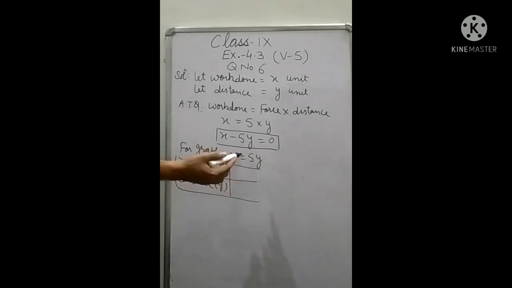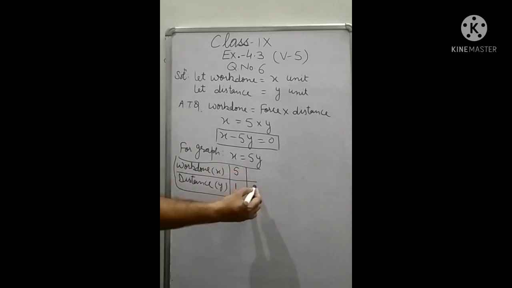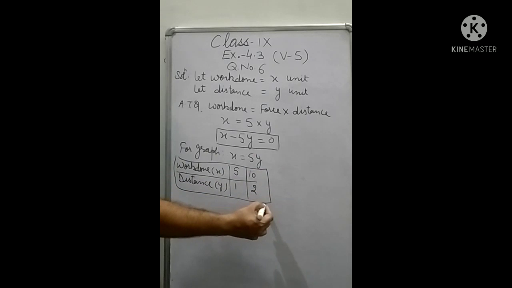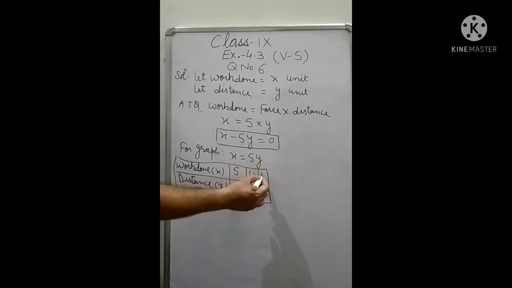Suppose you take distance as 1 unit, then the corresponding work done will be 5. If you take distance as 2 unit, then 2 5s are 10, so the corresponding work done will be 10. In the same way, if you take distance as 3 unit, then the corresponding work done, 3 5s are 15. Now you have to represent these points on the graph.